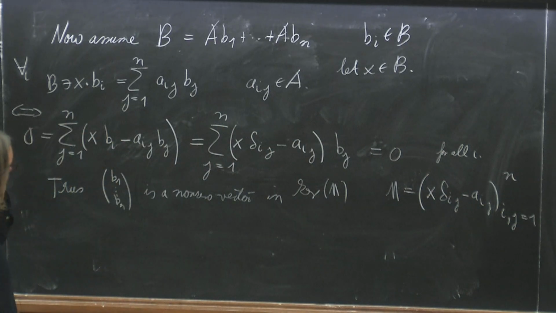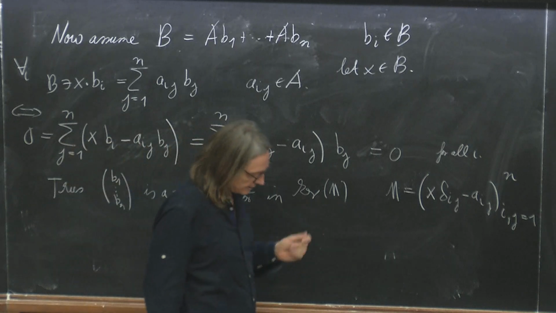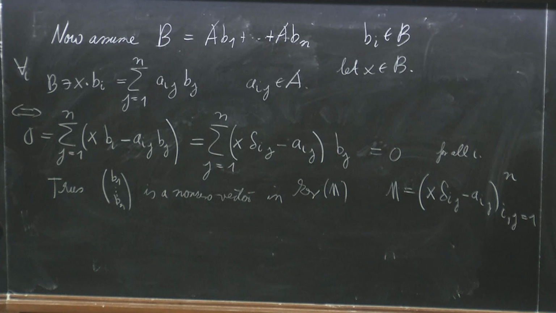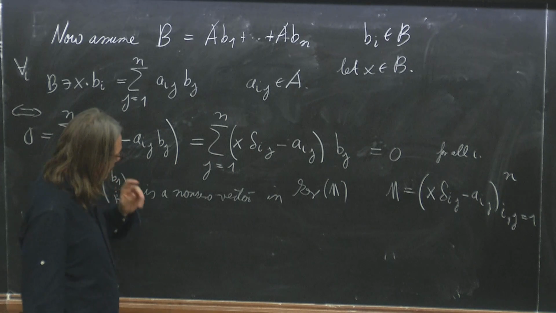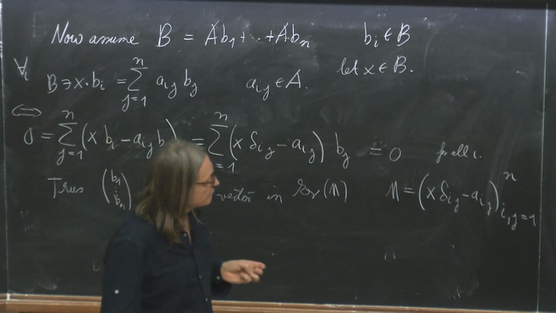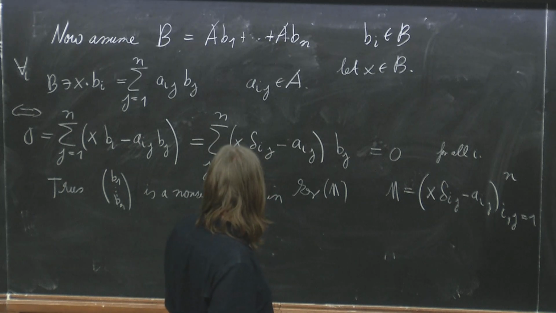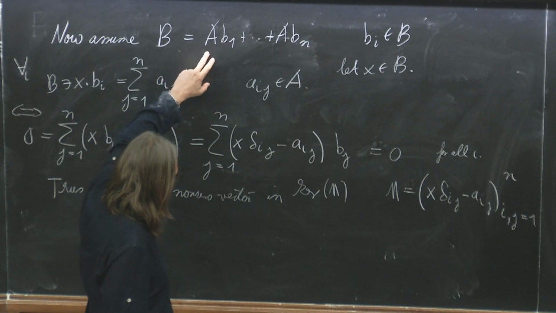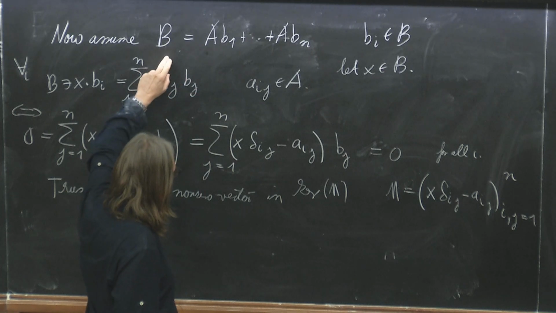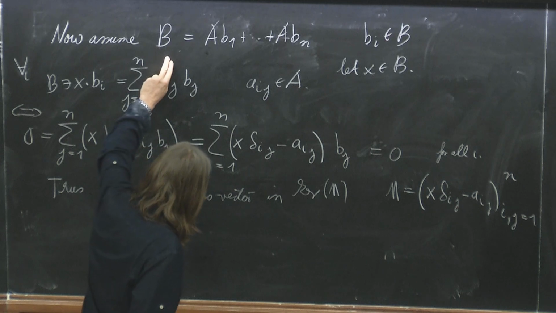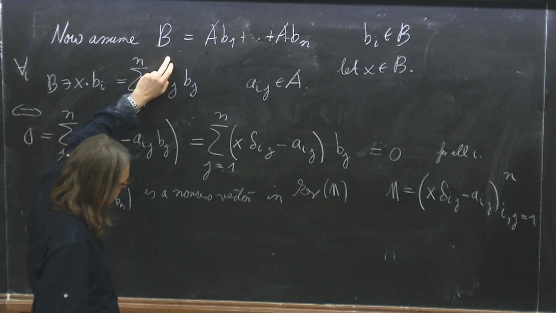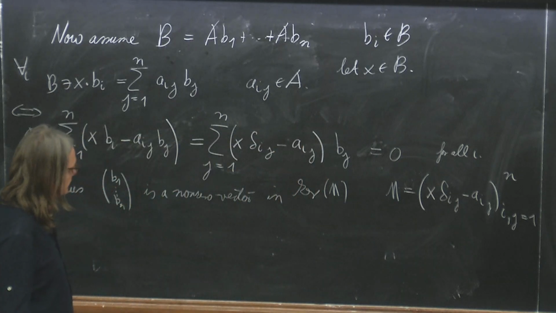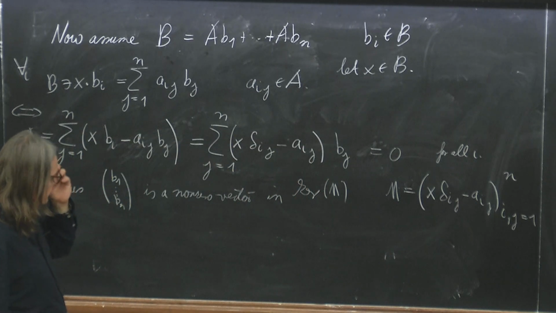So this is a matrix with coefficients in R. We are not so used to work with those, but R is supposed to... not R. The ring was A. This is a matrix with coefficients in B. Because x is in B and the aij are in A, so the whole thing is in B. And B is an integral domain.